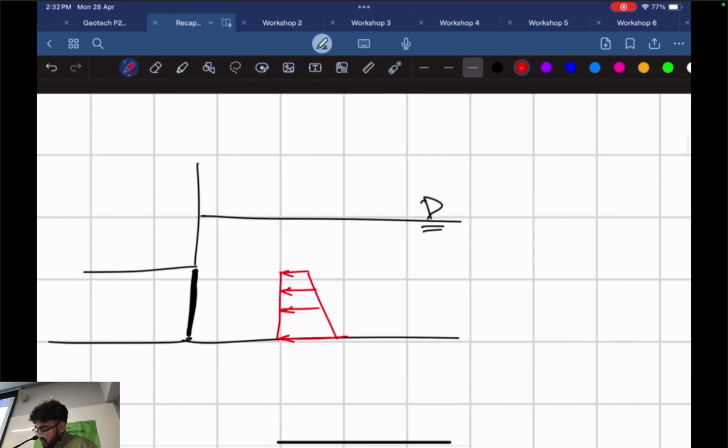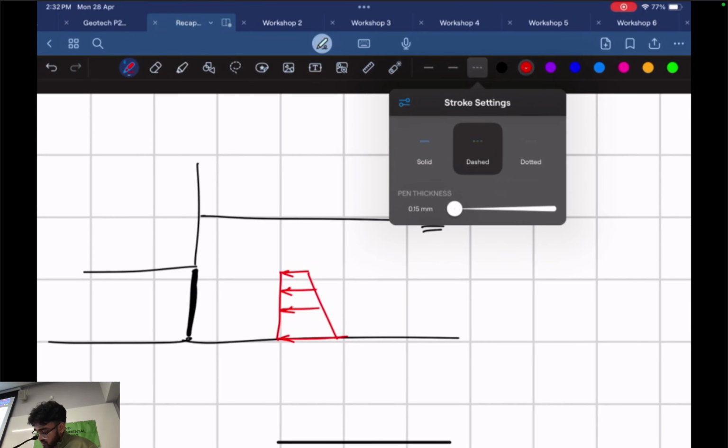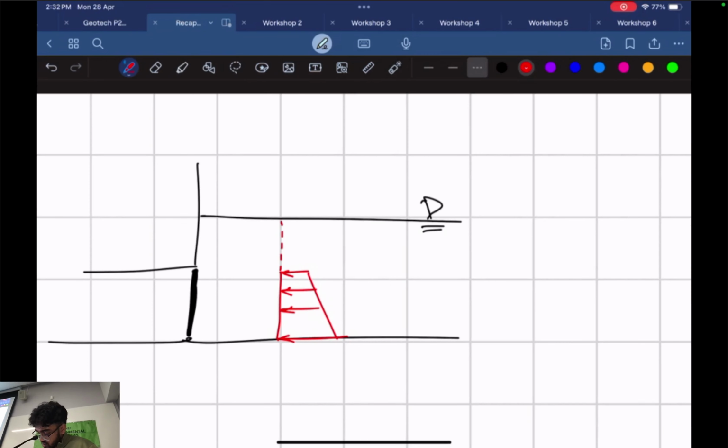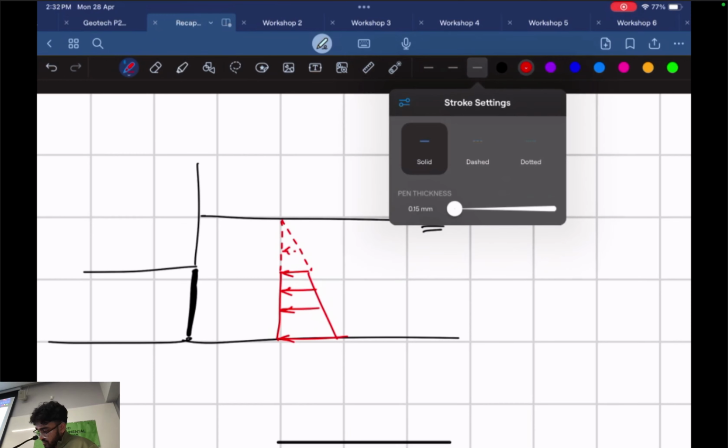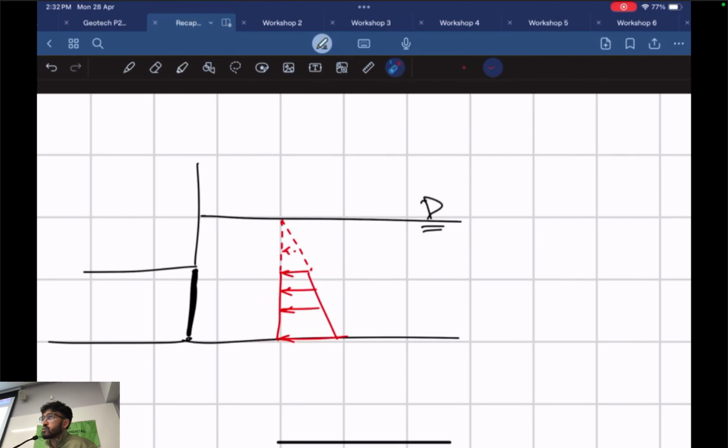If I were to do the whole pressure distribution, it would look something like this. But we only care about the solid part, which is acting on the gate.